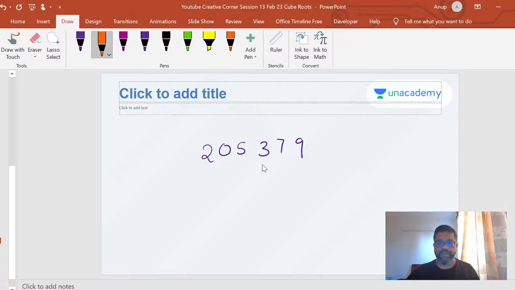So again pairs of 3, and remember when the last digit is a 9, then, okay, so I know that there will be 2 digits.